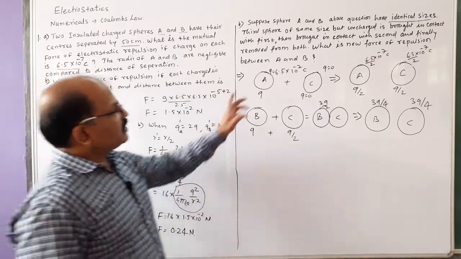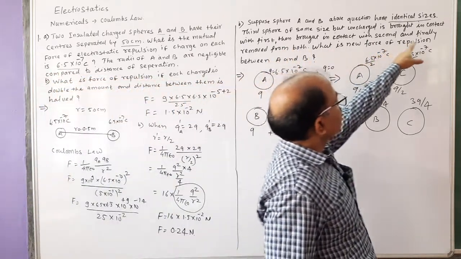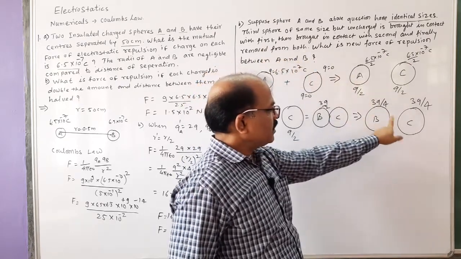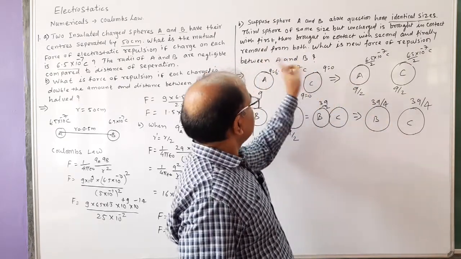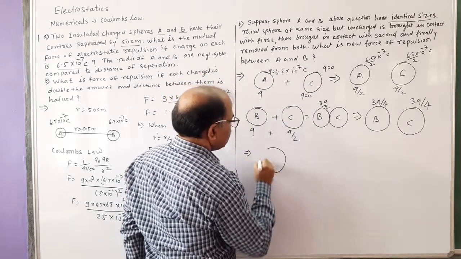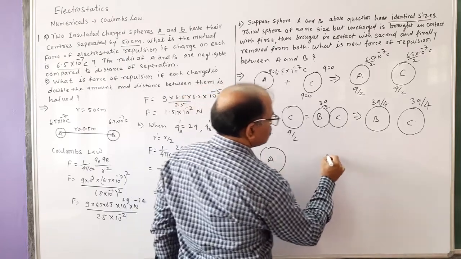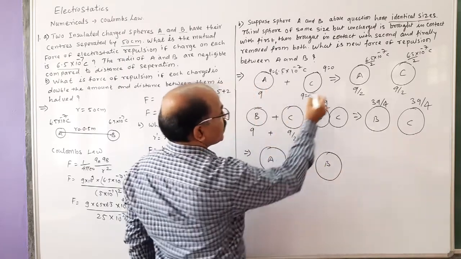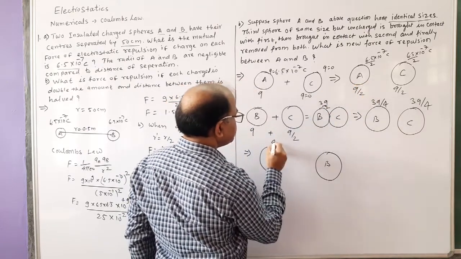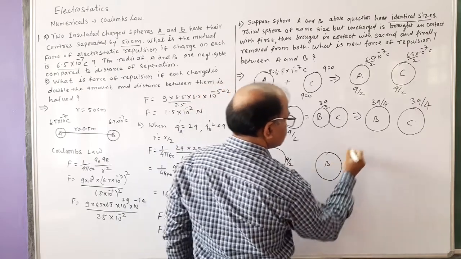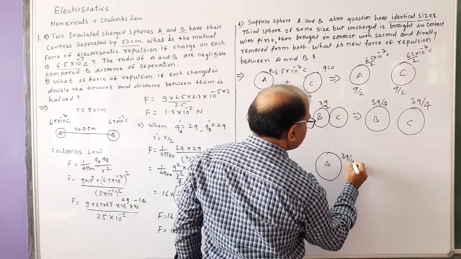And brought in contact with the second, and finally removed from both, and they are placed. Now charge A is Q by 2 and charge B is 3Q by 4.